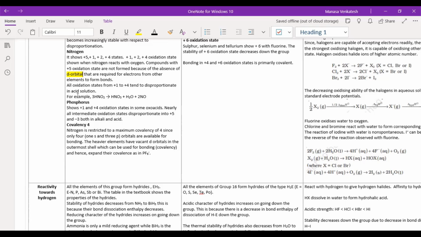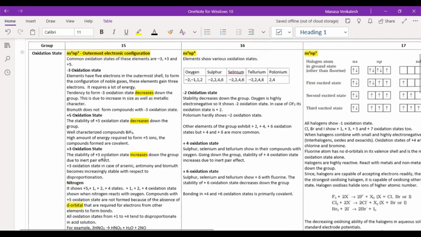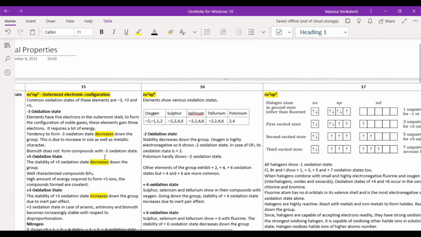And because of that, when we talk about covalency, nitrogen has a maximum covalency of 4. Whereas in case of the others, they can use the outermost shell with the d orbital to have multiple bonds, and because of that, they can expand their covalency.